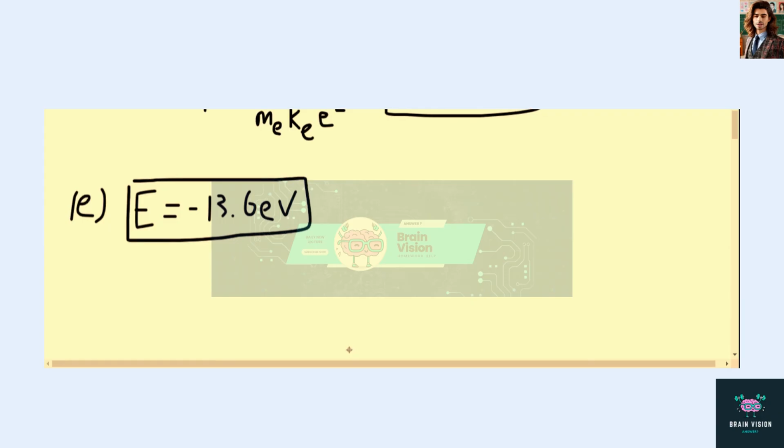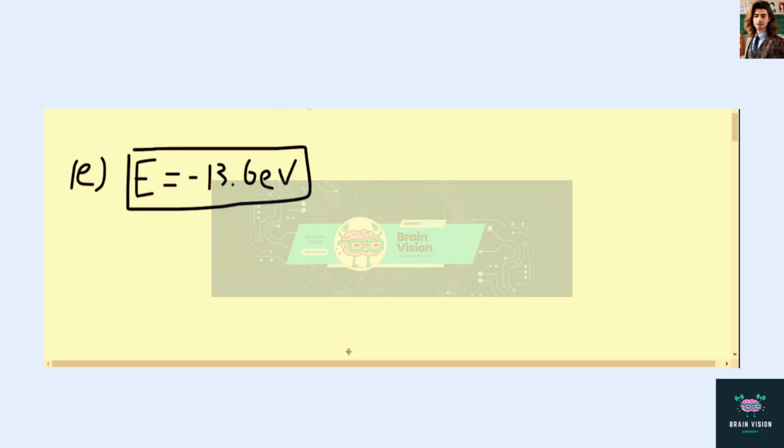Okay, so now on part F, it wants to know if this supports Bohr's model. Well, to determine whether or not this answer compares with Bohr's theory, we just need to look at the values for the energy, E, and the value for r.